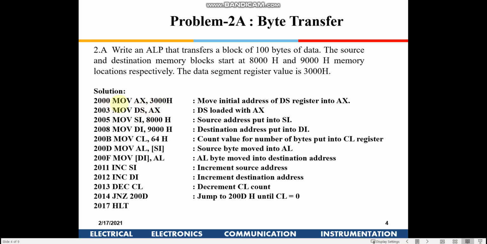Now if you see MOV AX, 3000, it is a 3 byte instruction, which we have learnt in assembly language to machine language coding. That is why in the code segment, 3 memory locations have been consumed. So from 2000, the next one is going to be 2003.